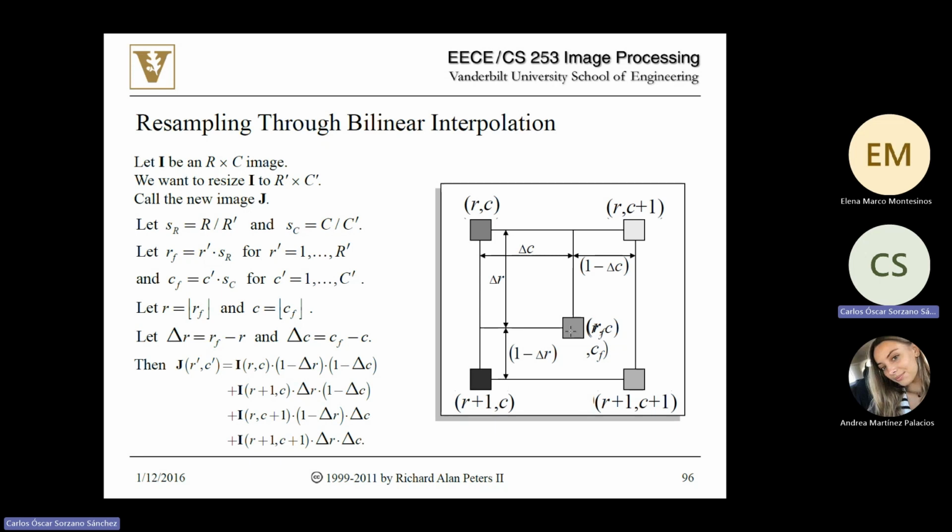So this pixel should have higher weights than the rest because you are closer to it. That is actually what happens. If you put delta R, delta C that are very small, this term is high, and all the other terms are relatively low. So this is the plane that we use for this interpolation.